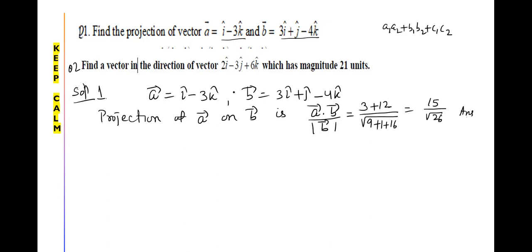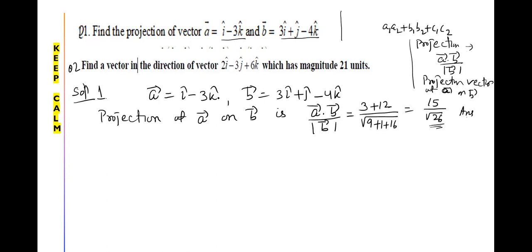Here I want to tell you, in case you are given the projection, if it is simply the projection of A on B, you write A dot B divided by magnitude of B. Suppose this is vector B and this is vector A. If I drop a perpendicular, I may write A, B, C, and if the foot is M, then M is the length of the projection.